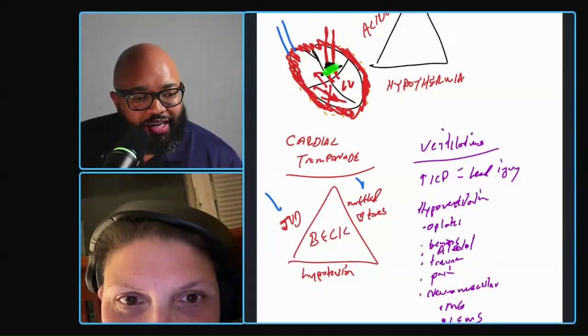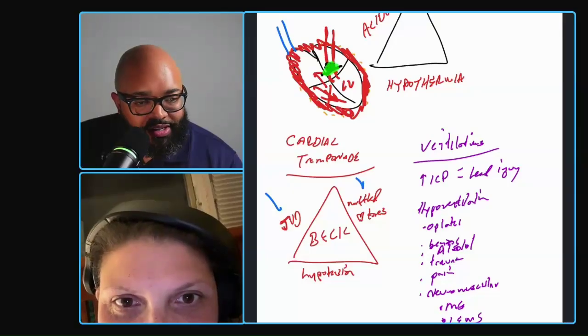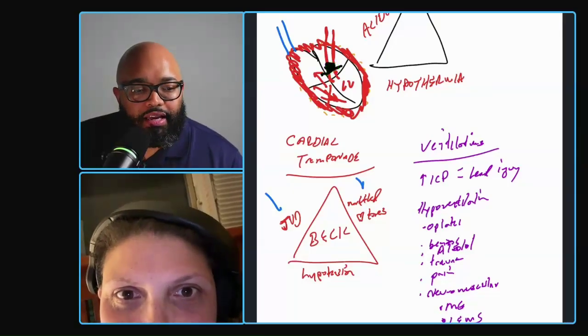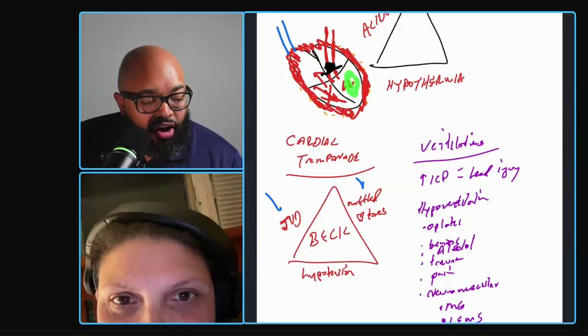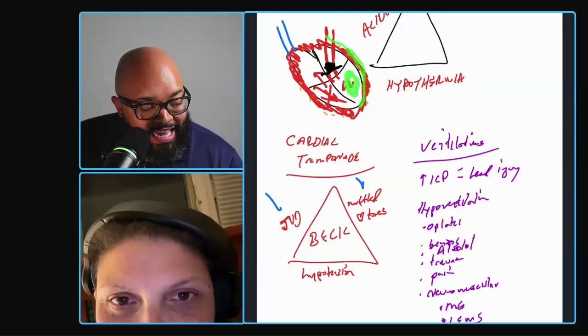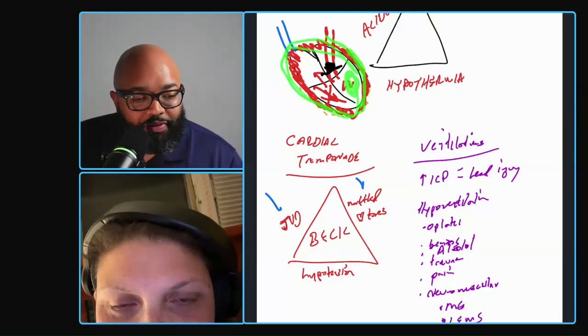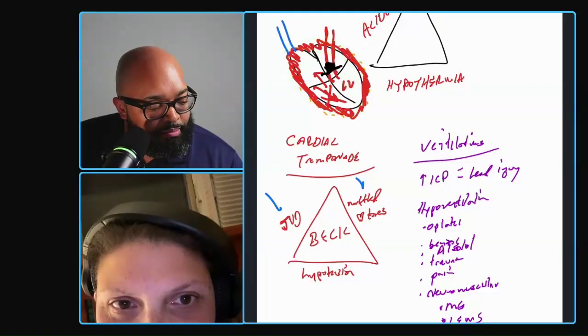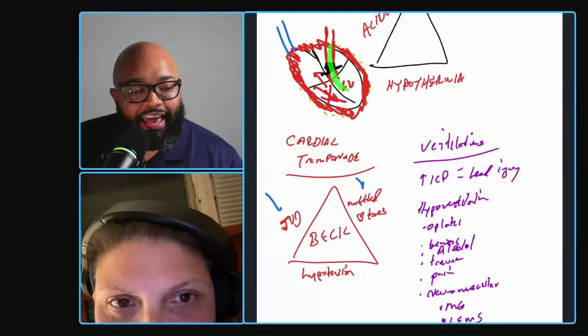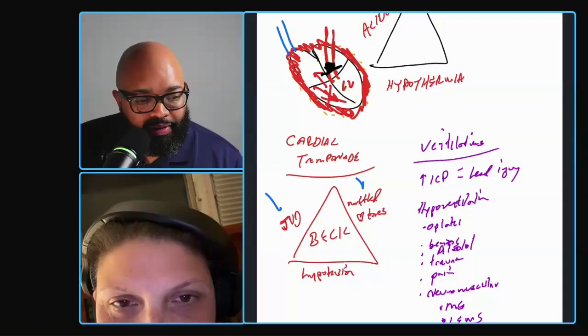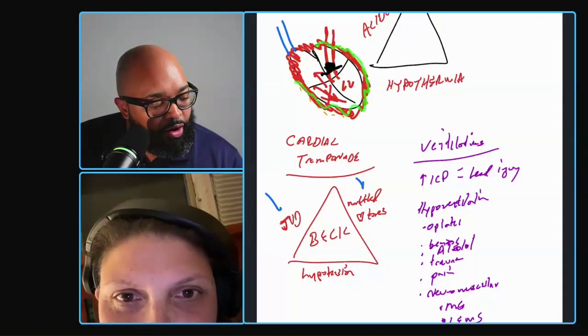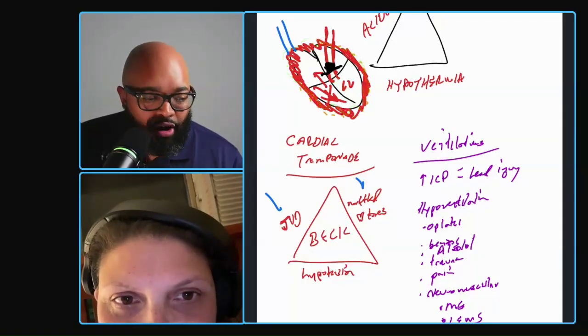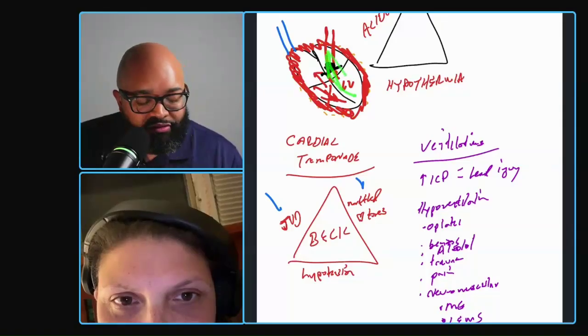So right as soon as it gets into the aorta, that's where the afterload is. But if the blood is not inside of the heart and instead it's outside of the heart, there's no way for the body to measure it as inside the aorta because it never got there. It's just floating around in this pericardial sac, but not inside the heart so it can have normal blood flow.